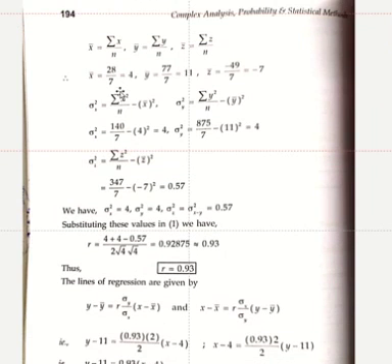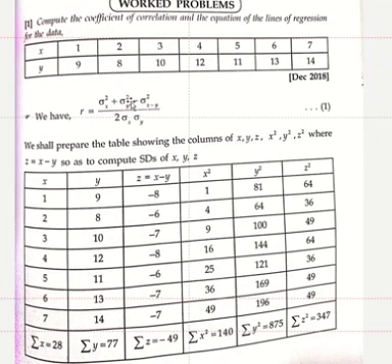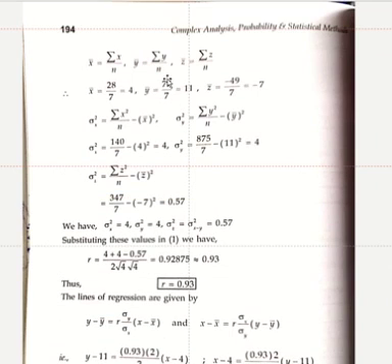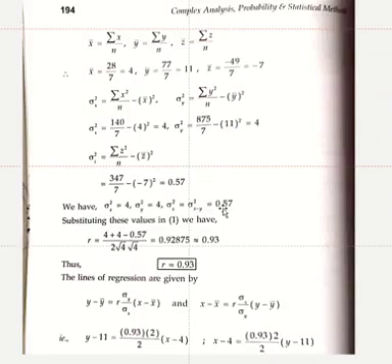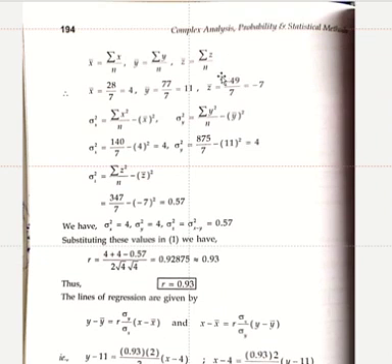Therefore, 28 divided by 7 is 4. Similarly, y bar is equal to summation of y, which is 77, divided by 7, therefore 11. Z bar is equal to summation of z, which is minus 49, divided by 7, therefore the answer is minus 7.